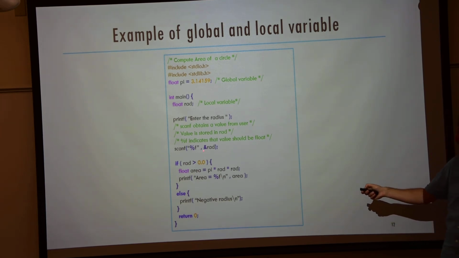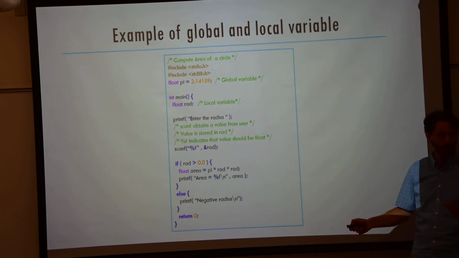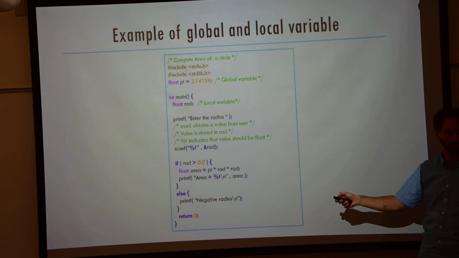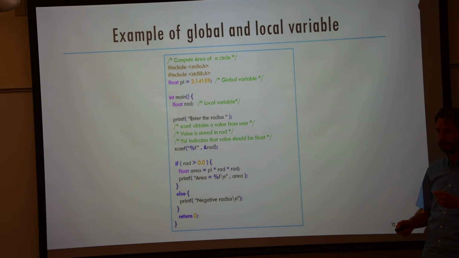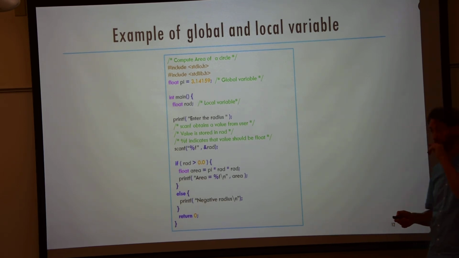A little bit of background though. RAD is a name, but how do I know where this is stored in memory? It turns out that there's also an associated pointer that points at the memory location.